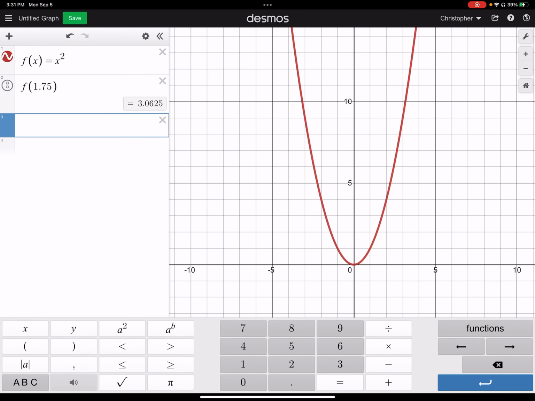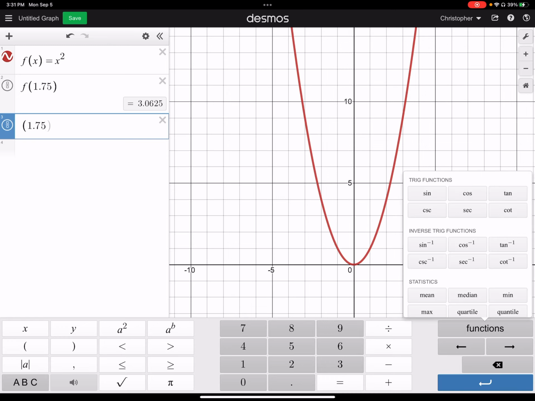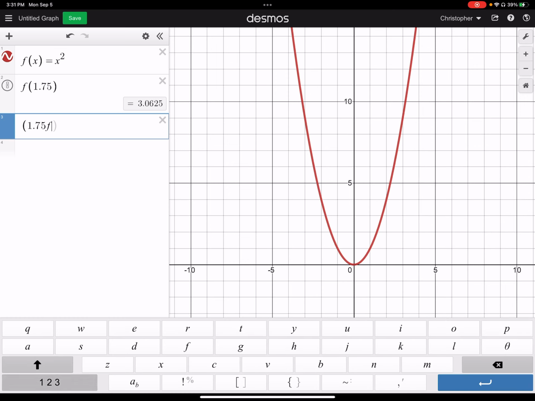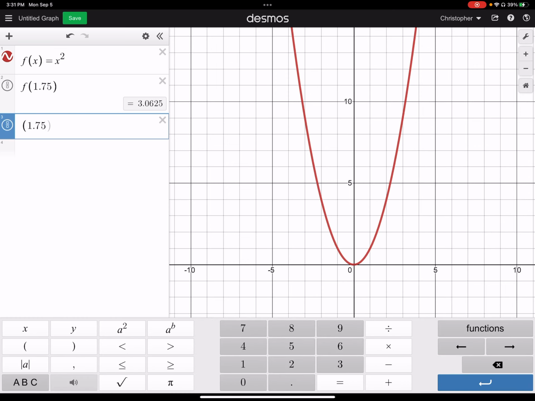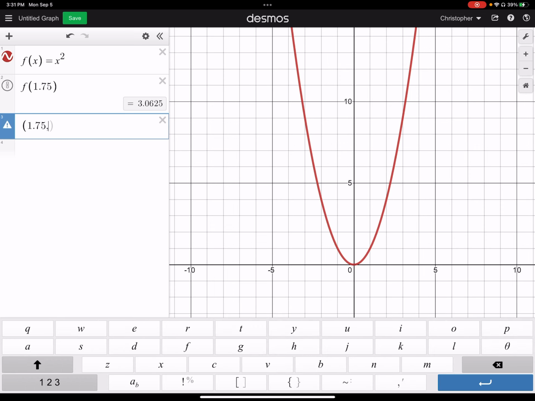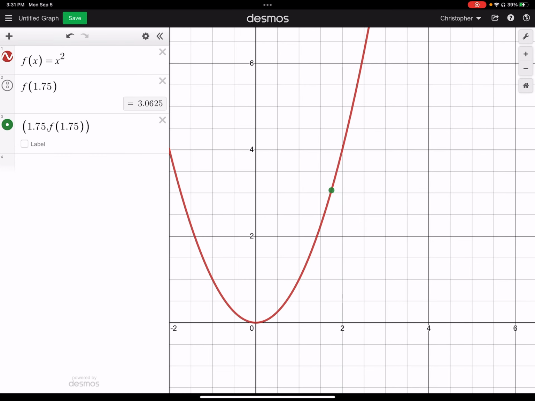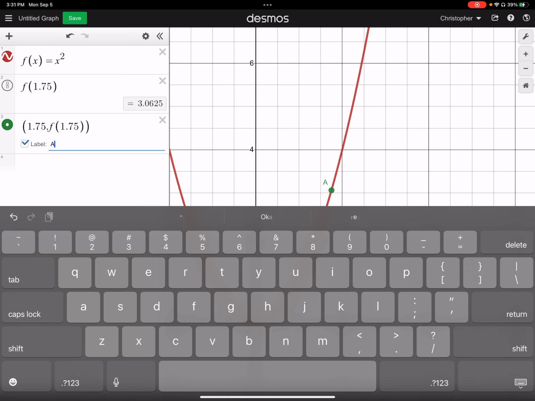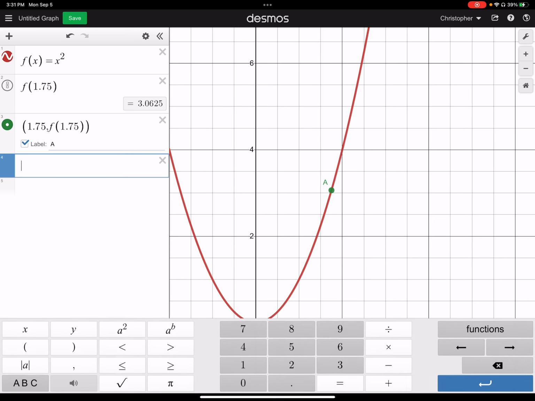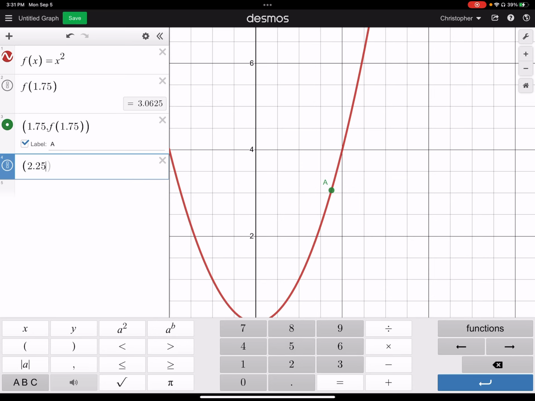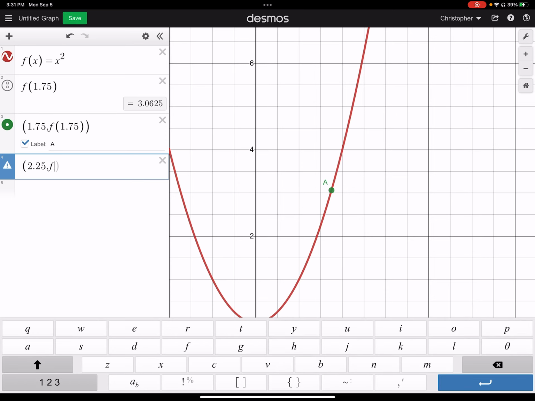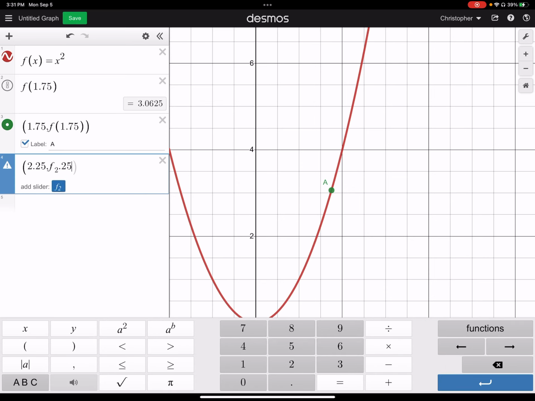We'll put as a point on the graph (1.75, f of 1.75). Then we'll zoom in there, put a label there, and call it point A. And then we're also going to put the point (2.25, f of 2.25).